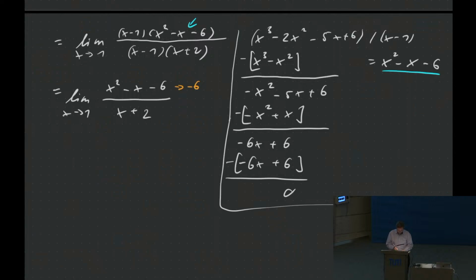So that goes to minus 6. The denominator goes to 1 plus 2, so that's 3. And that means we can simply substitute x into this expression and we get minus 6 over 3, or minus 2. And that is exactly the result that you got as well.